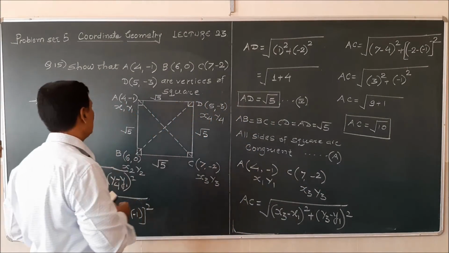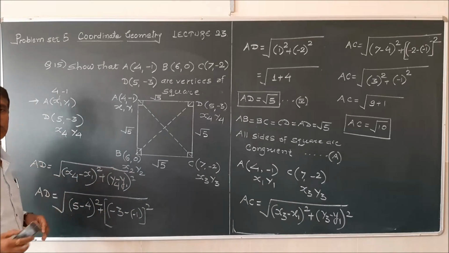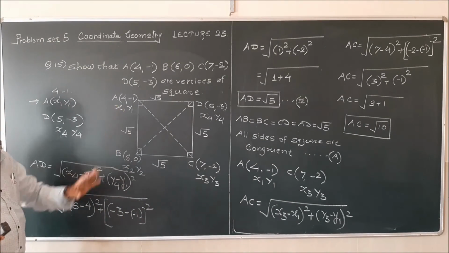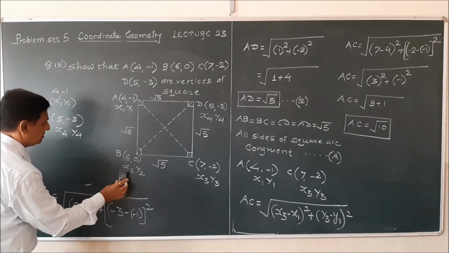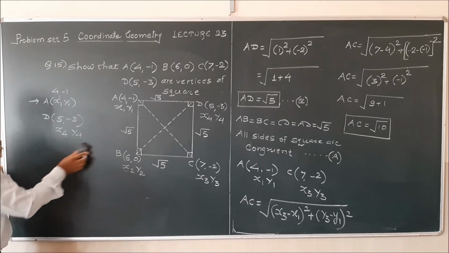Okay. Now I am going to find out diagonal BD, and I have to check whether I get it as root 10 or not.